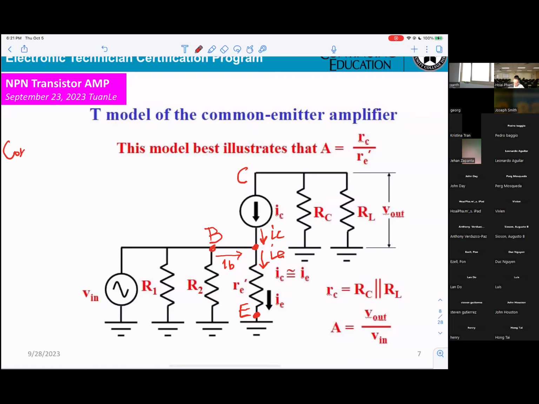Understanding what they call common emitter. What does that mean? That means the emitter will be ground.